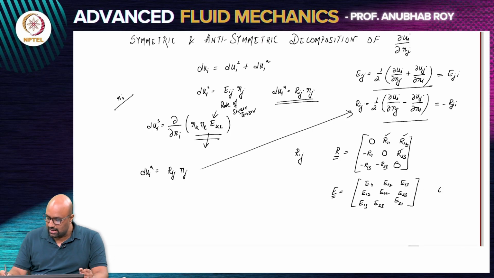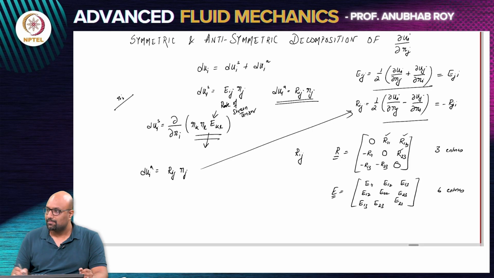So, you need 6 entries to define a symmetric tensor, whereas you need 3 for an antisymmetric tensor. If you are not giving any further constraint on this object, then you need only 3 for an antisymmetric tensor, and the antisymmetric tensor that we have here is a rotation tensor.